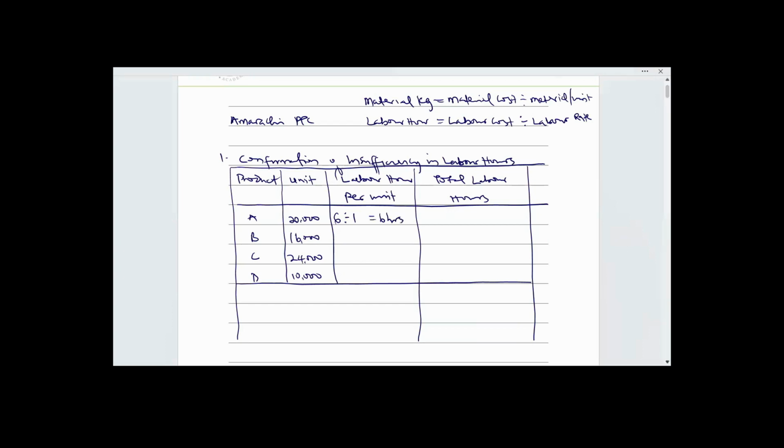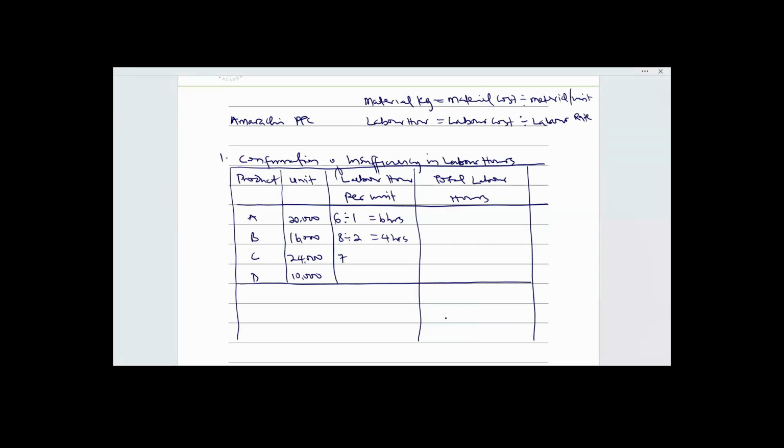The next one, 8 naira divided by 2 naira. 8 divided by 2 equal to 4 hours. Product C, 7 naira divided by 1 naira 50 kobo.